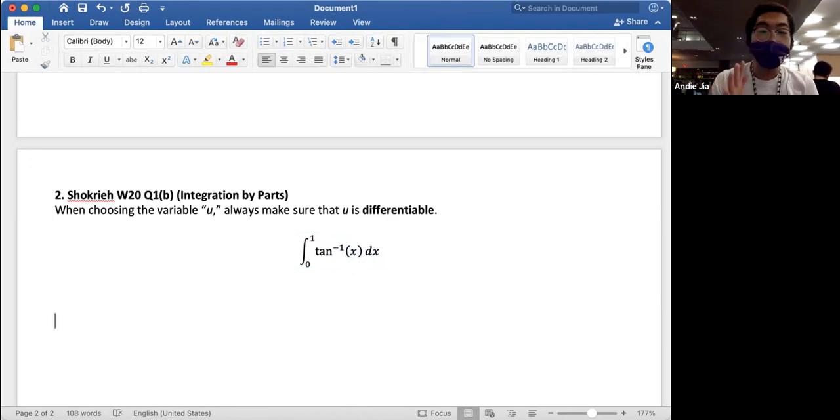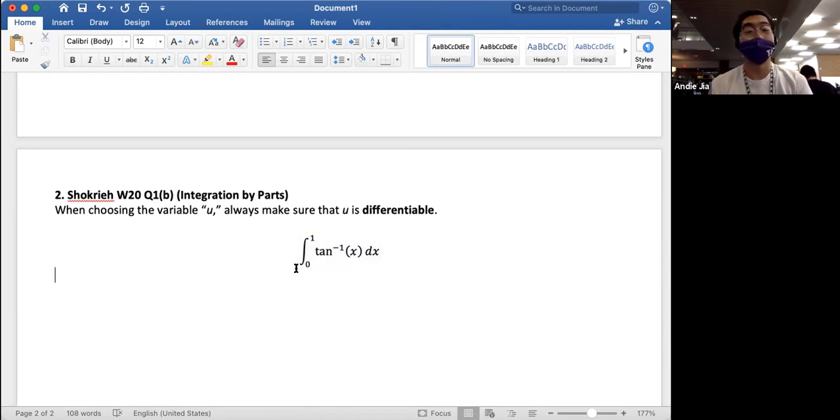When doing integration by parts, you do not need to change the bound unless you need to use substitution. So just do not change the bound unless it does need to.